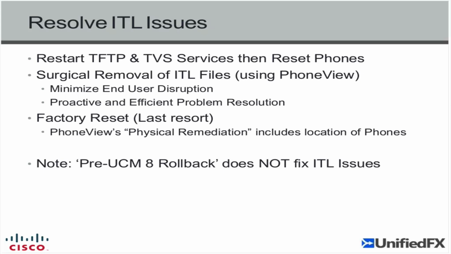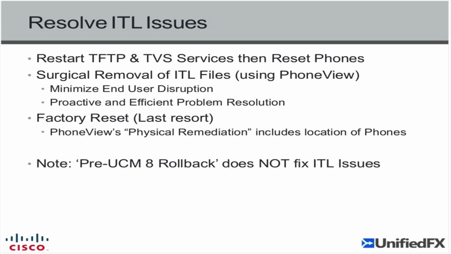And if that does get regenerated, one of the nodes within the communications manager system will actually have to get that information through to the TFTP service, the TVS service, and then down to the phone. And on some occasions, you have to obviously restart the TFTP service to make that happen.